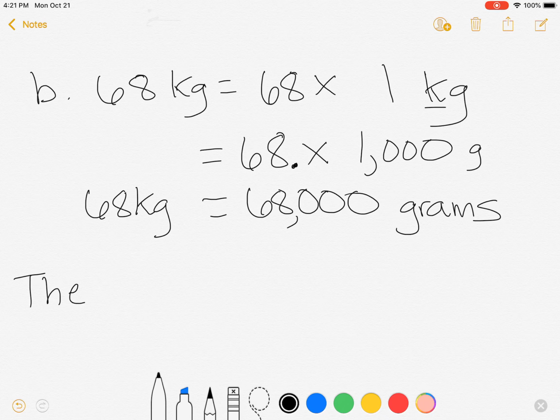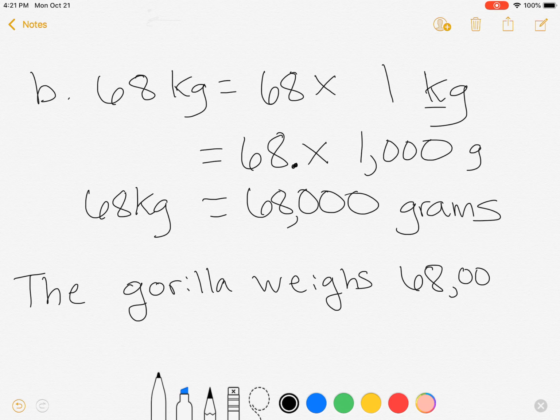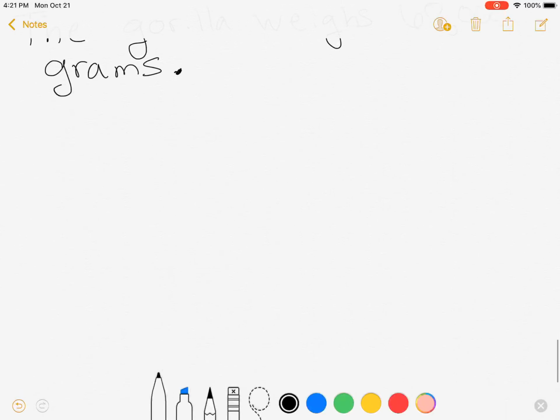The gorilla weighs 68,000 grams. Okay, that sounds good. What do we need at the end of our sentence? A period. I can check here. Do I spell gorilla? Yes. Okay. The gorilla weighs 68,000 grams.